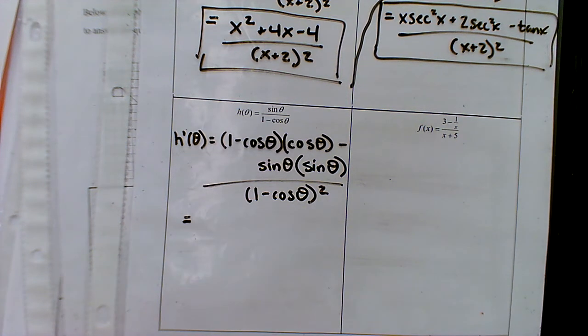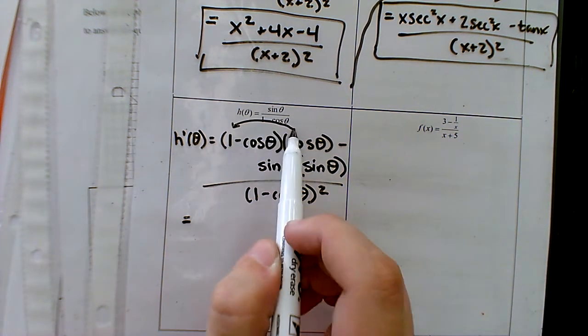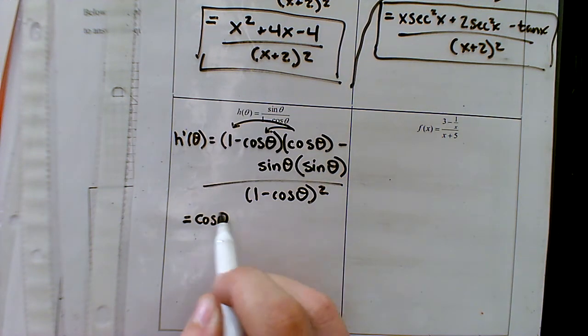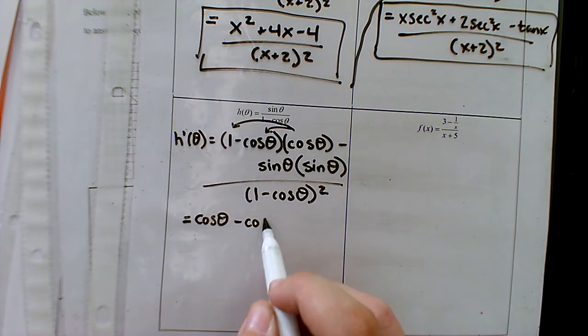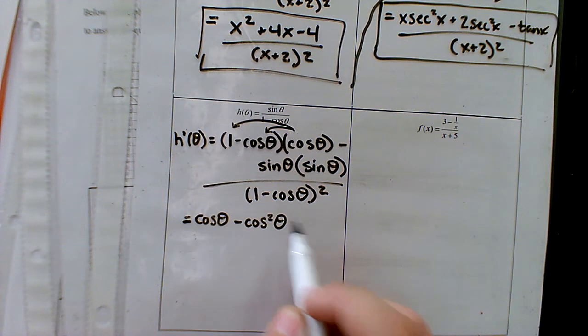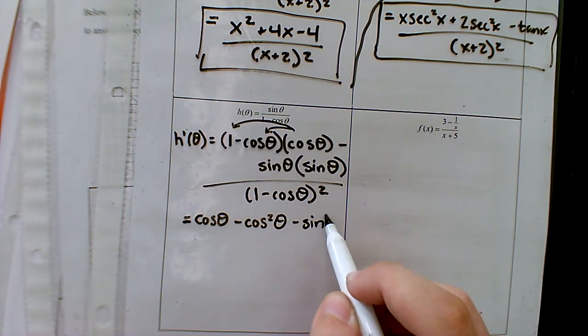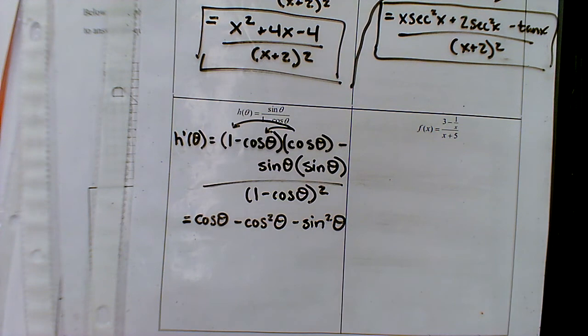Let's simplify it. So if we distribute in the cosine, we'll have cosine minus cosine squared. The two sines would change into sine squared.